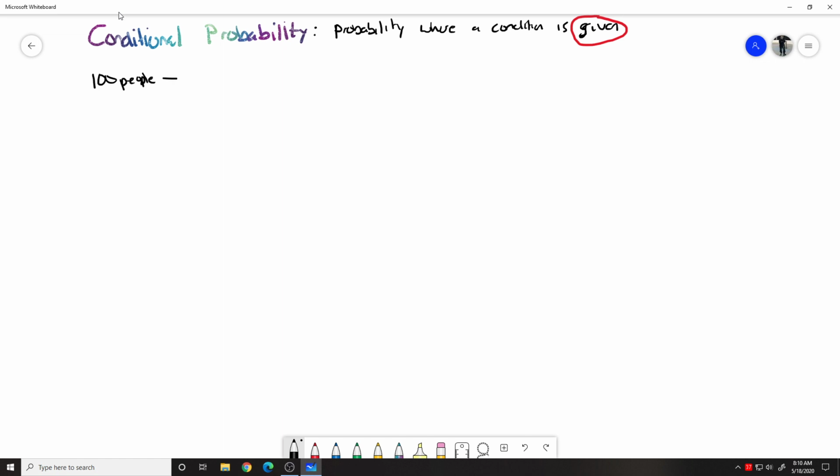I asked 100 people and wrote down all my results, and then I'm going to organize my data. We could make a two-way chart, or we could make a Venn diagram. I'm going to do a Venn diagram for this one.